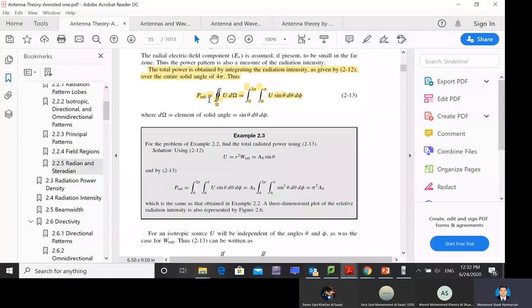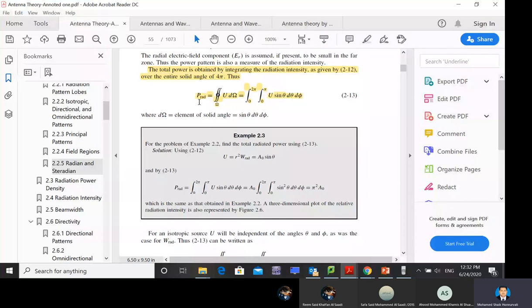As you can see here, if you integrate the radiation intensity over a surface area or over a solid angle, then you will get the total radiated power. The limits are 0 to pi for theta and 0 to 360 for phi. d omega we know already, sine theta d theta d phi, and U is equal to U. So this is the formula to calculate the P radiated.